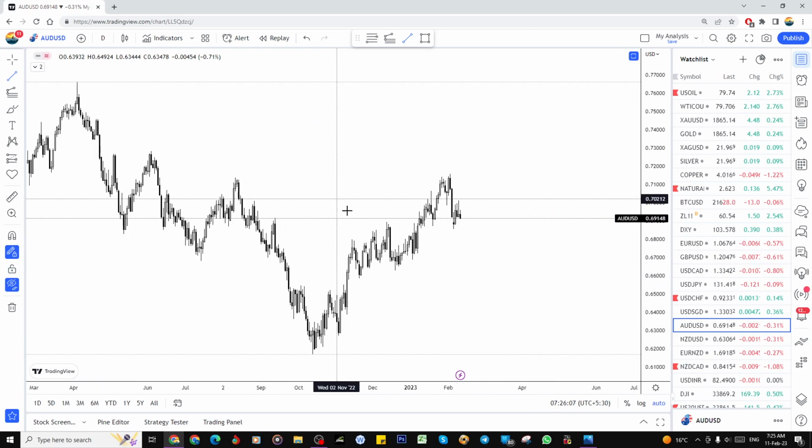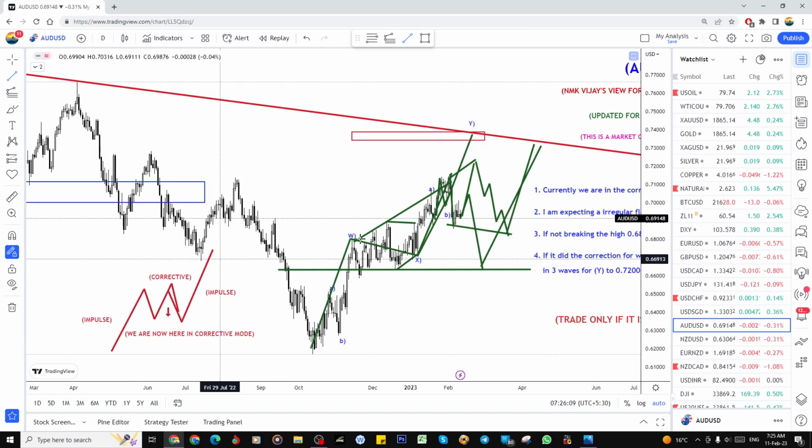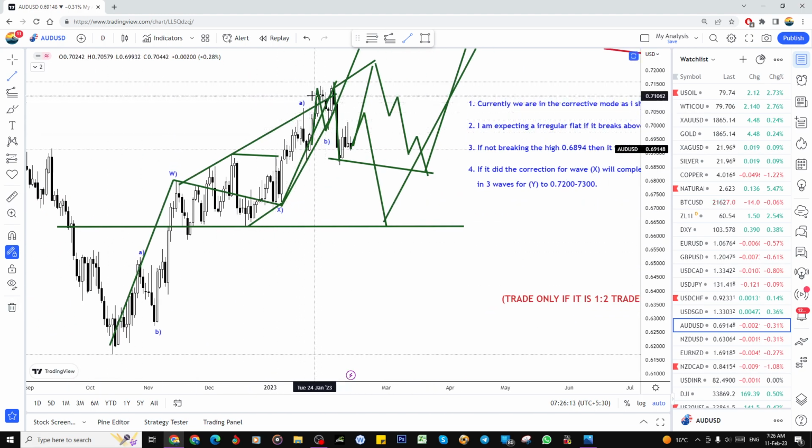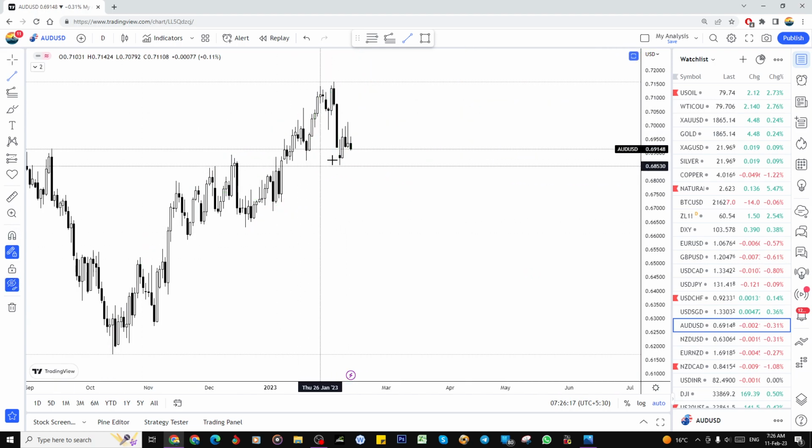Look at this, I was looking for this one previously from here also, and I already updated this one, right? This could be the A and B and C, but what it is doing here, it's not looking like that. This is looking like a wedge formation. So this is the impulsive way down and I am looking for the correction and one more down.